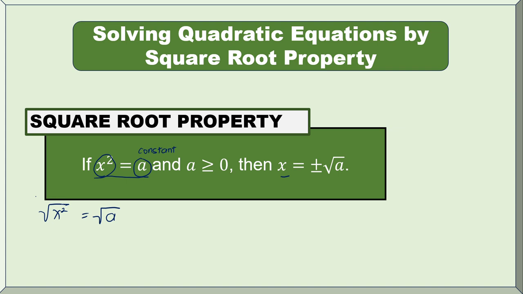So the square root of x squared is the same as x squared quantity raised to 1/2. And if you can still remember the laws of exponent, we can use the power rule in this expression. So 2 times 1/2, it will be x raised to 1. And x raised to 1 is the same as x.